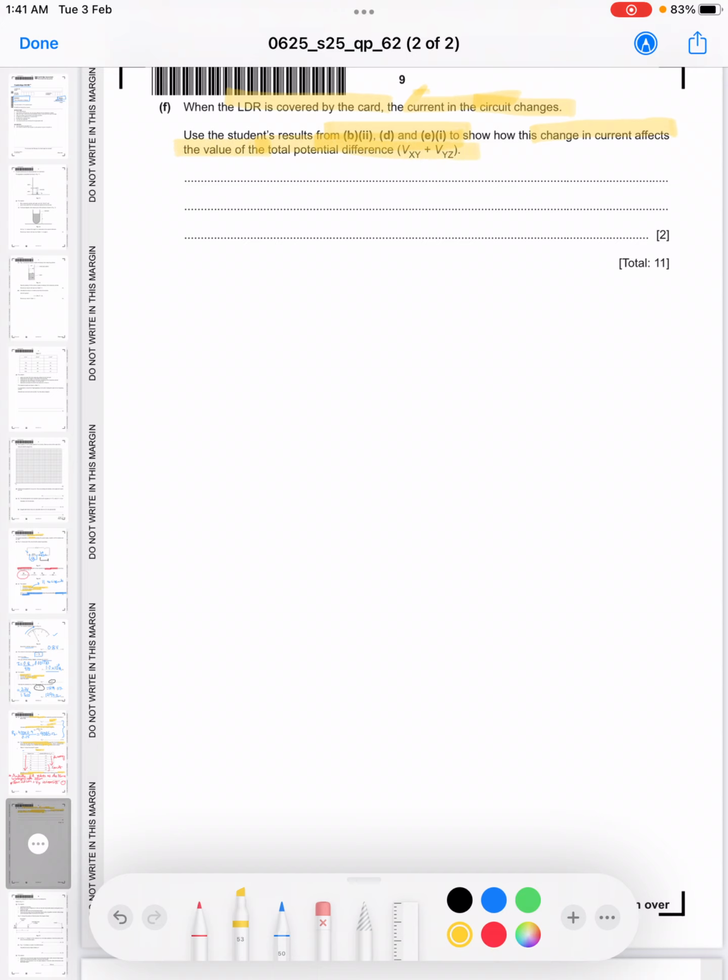Okay, again they are discussing the total potential difference Vxy and Vyz. So how the change in current will affect both of them, right? So the best thing is, we will calculate the voltage value, potential difference for both of them separately.